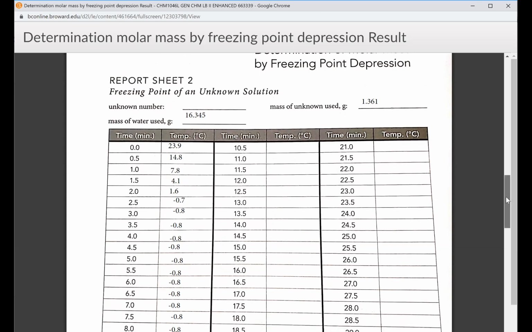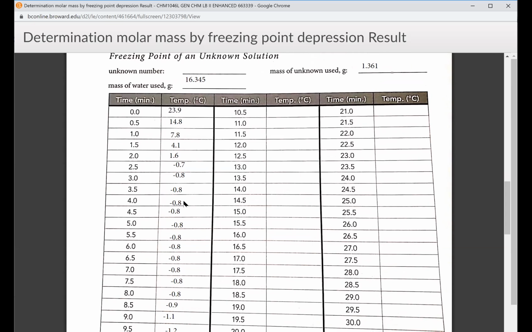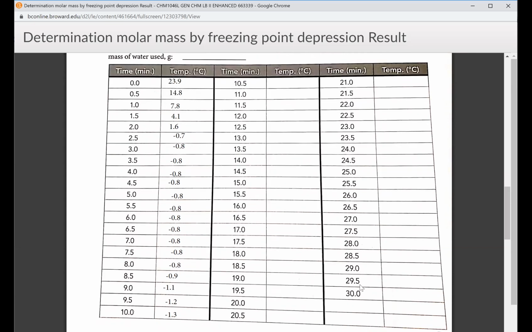So first, we will take these numbers and input them into Excel so we can create a graph and find the delta T of the solution. So we will look at the Excel and how to create a graph.